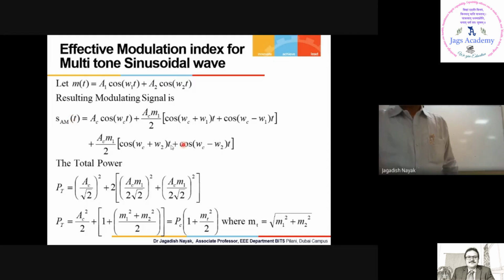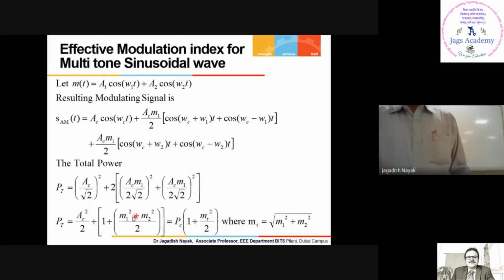Now, when you calculate the power for this, I told you in my last class how to calculate the power. You get this expression. Total power is equal to this. In this expression, you take Ac square by 2 as common, into 1 plus (m1 square plus m2 square) by 2.